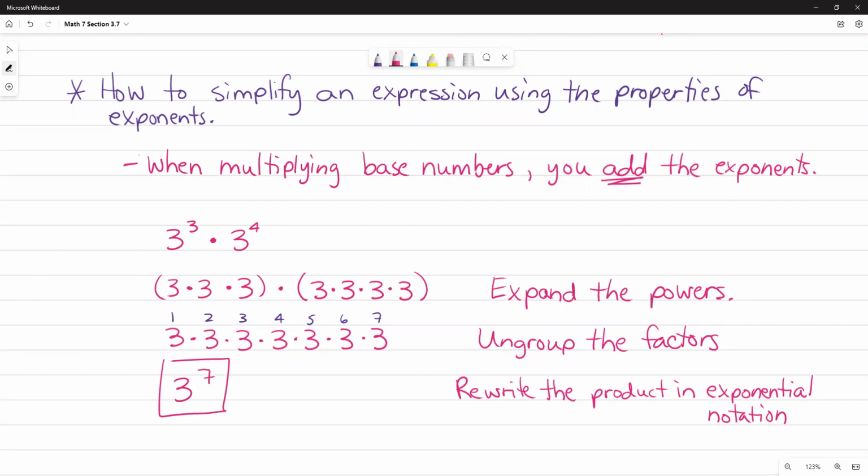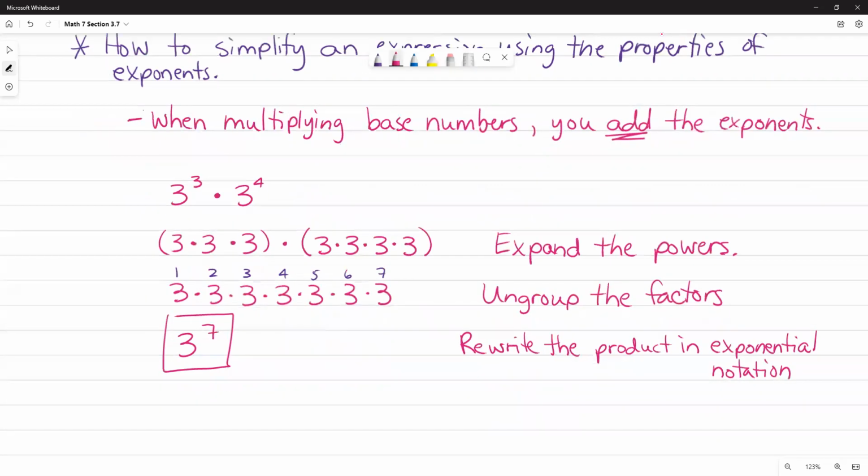Instead of doing all that, we can just add the exponents. So let's look at this again. Draw an arrow here. 3 to the power of 3 times 3 to the power of 4. Let me keep my base number 3 and just add my exponents, 3 plus 4.